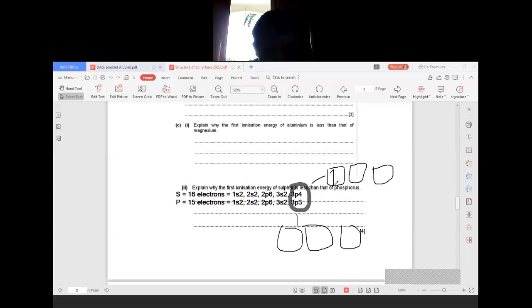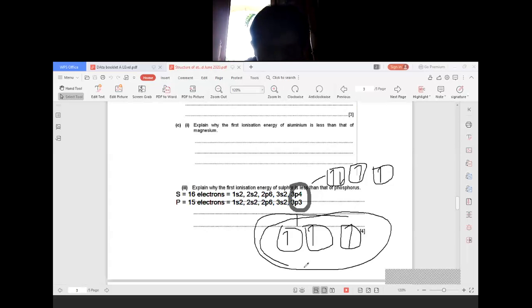And in the sulfur one we have to draw a fourth electron.